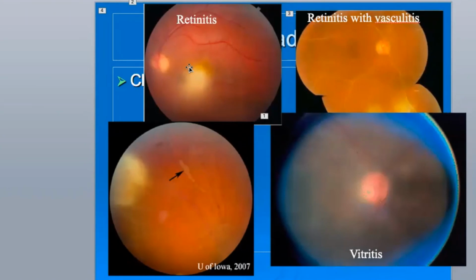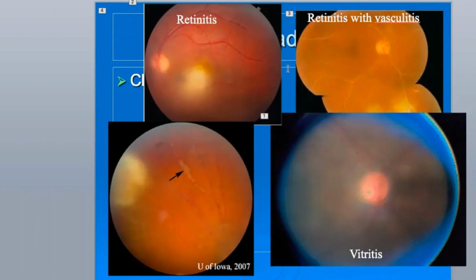Toxoplasmosis is also a posterior uveitis, right? Toxoplasma also has retinitis. Your CMV retinitis is also a posterior uveitis. Anything located at the back, inflamed at the back, you call it posterior uveitis.